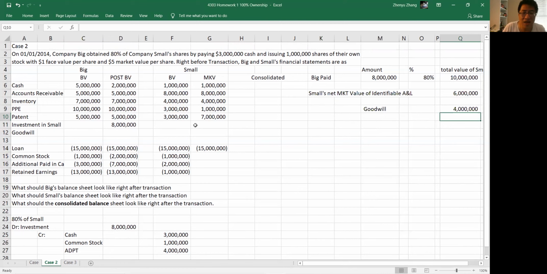So for the consolidated, we know the whole package. Remember why we have to go from 80% to 100%? Because we talk about the whole group with all of A and all of B together. So here we know how much? 4 million.